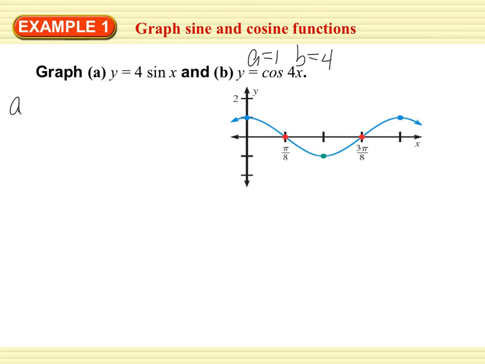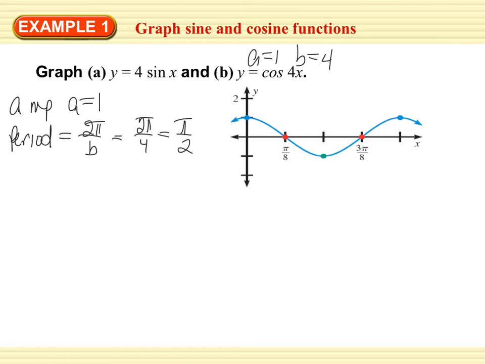My amplitude A is equal to 1. The period is 2 pi over B, where B is 4. So 2 pi over 4, which reduces to pi over 2.